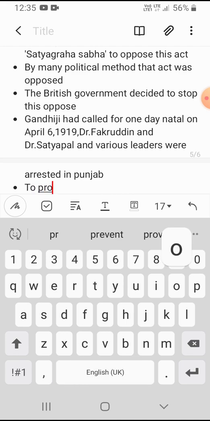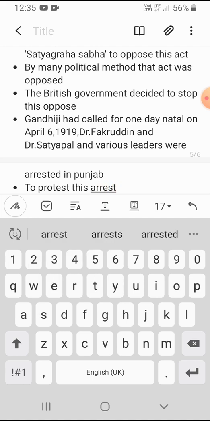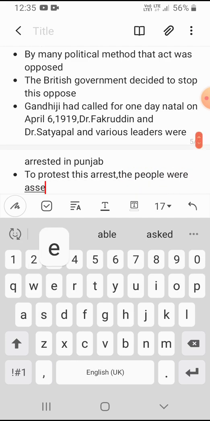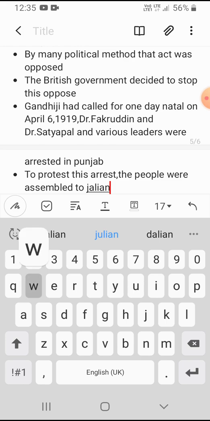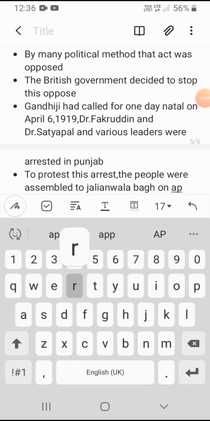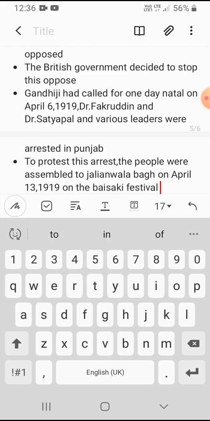To protest this arrest, to start a fight against this arrest, the people assembled at Jallianwala Bagh on April 13, 1919, on the Baisakhi festival.